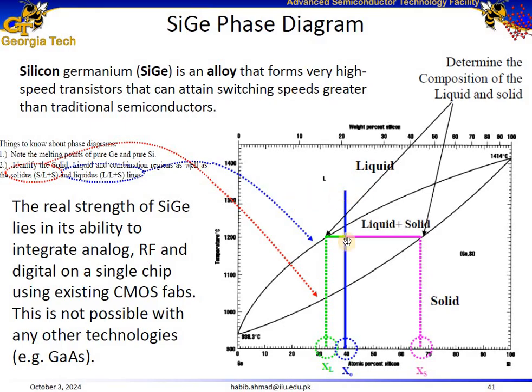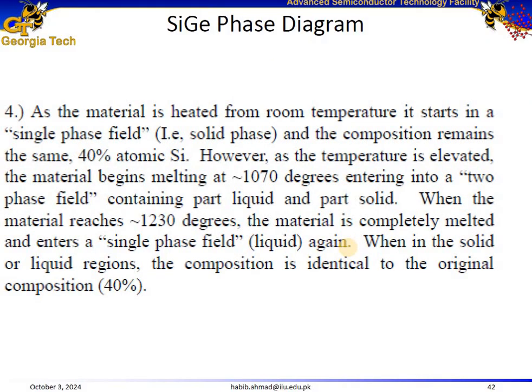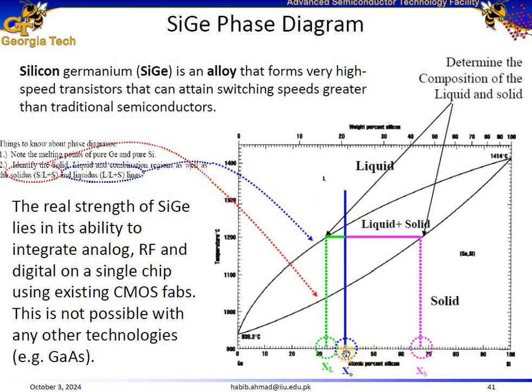For example, in the next slide, we are assuming that we are heating a material which initially has 40% atomic silicon. Talking about this point over here, x0, which is the initial point, this means that the silicon-germanium has 40% silicon and 60% germanium, and then we start heating the material.